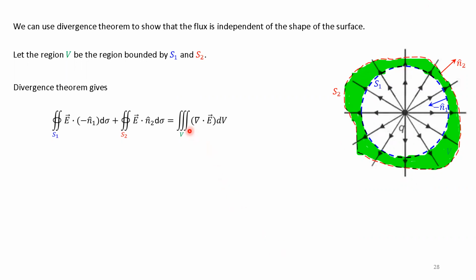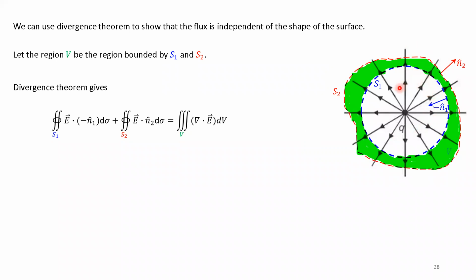The volume integral of the divergence of E over this green region only will be equal to the flux of the electric field through the red surface plus the flux of the electric field through the blue surface.